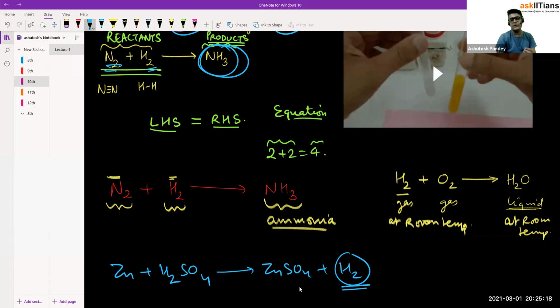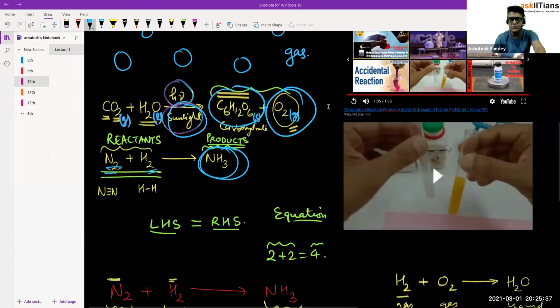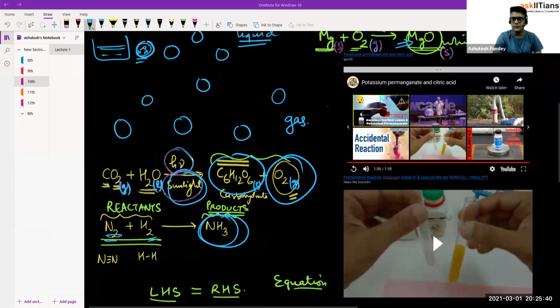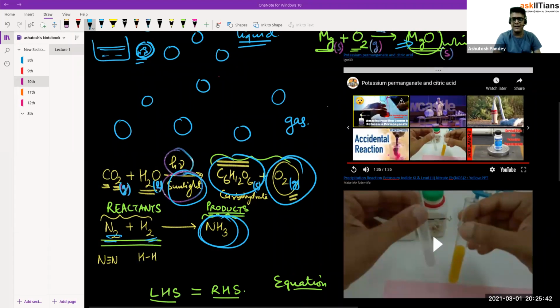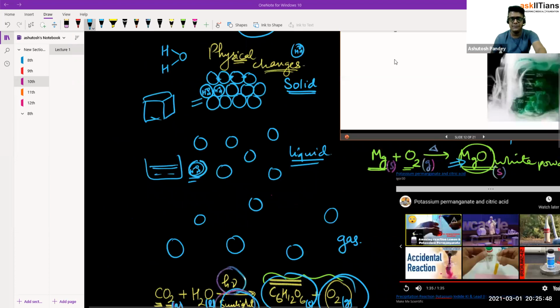So this is a confirmatory test that H2 is being evolved, and that's how we'll come to know that some reaction has happened.